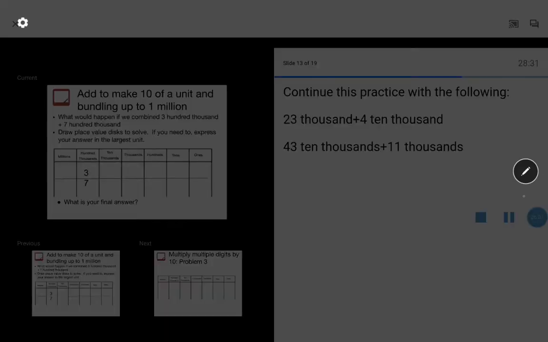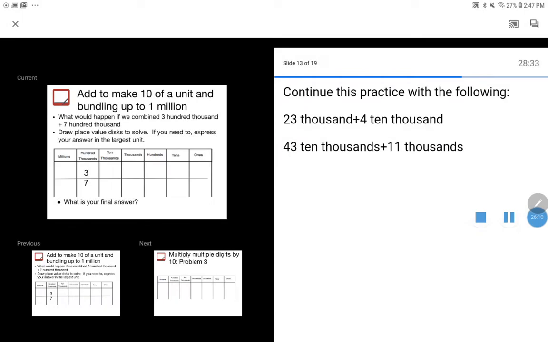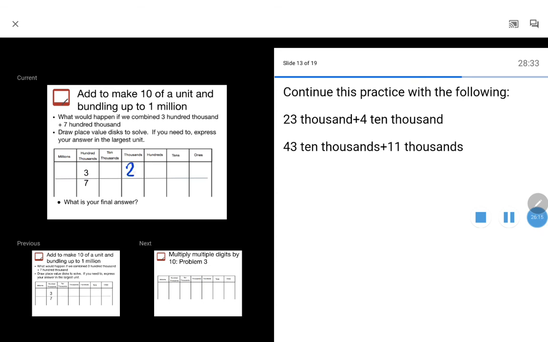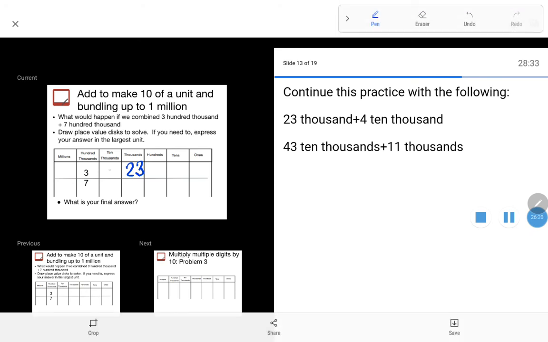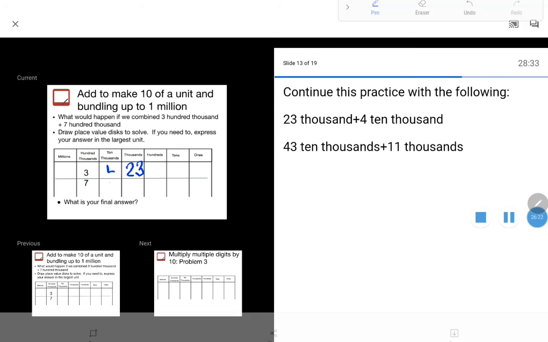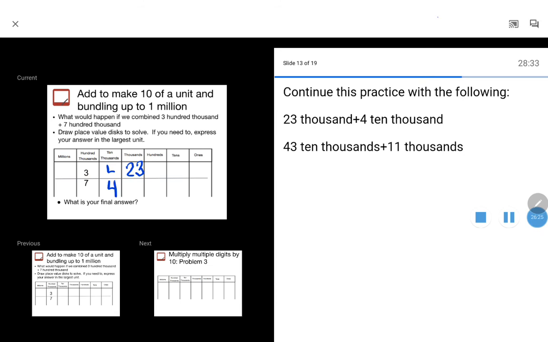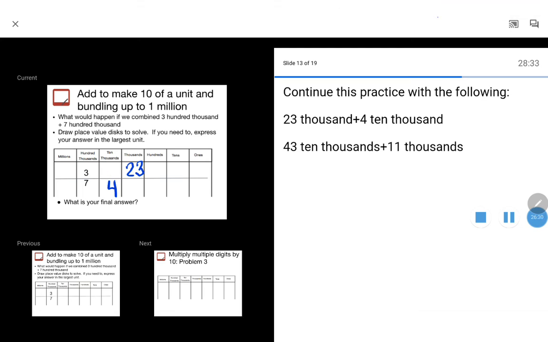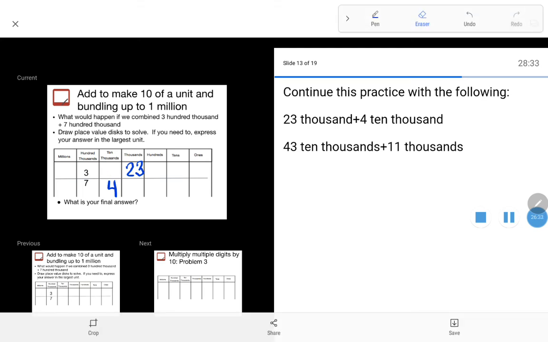Ariana, would you come get Stormy's for me since she hurt her knee? So I'm combining 23,000s and 4 10,000s. What's going to happen there?